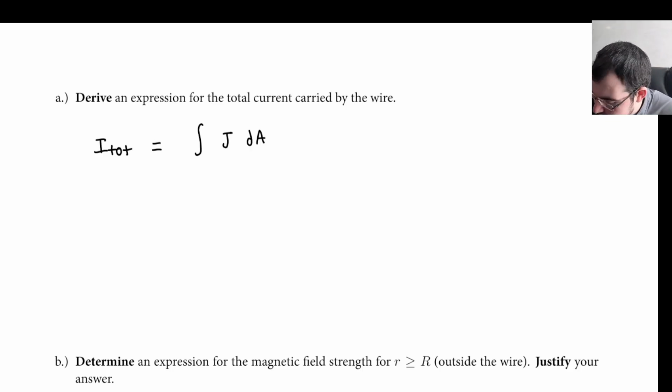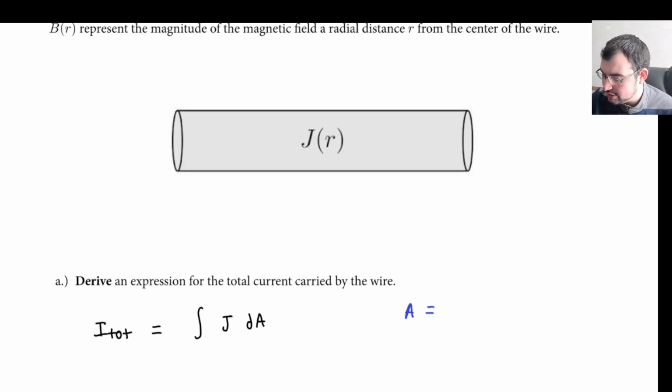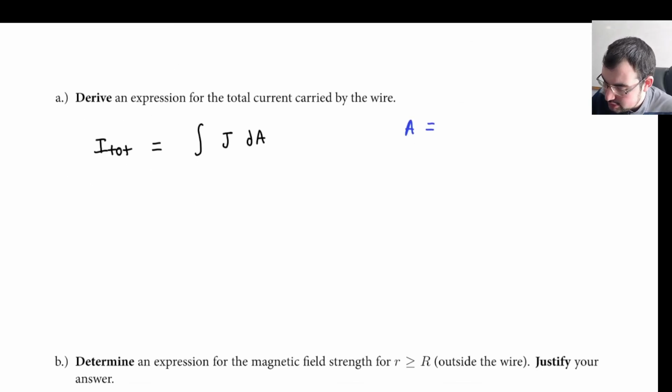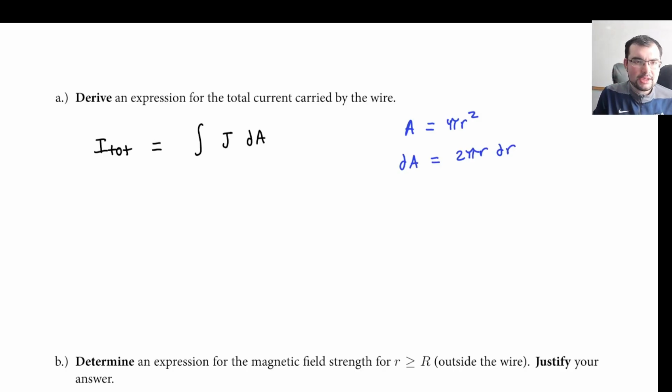Same idea here, right? What is A? Well, this is a problem with circular symmetry. So the area of our enclosing shape is going to be a circle, pi r squared. So that means dA is equal to 2 pi r dr. Right? The extra area you get is equal to the ring, 2 pi r that you're at, times its tiny little thickness dr.